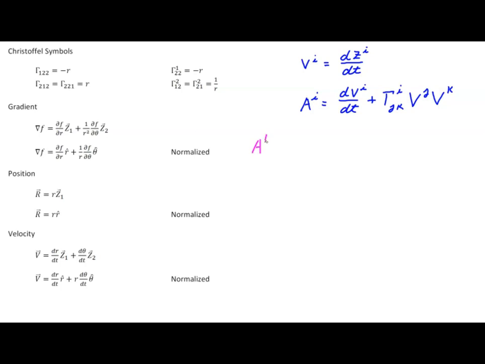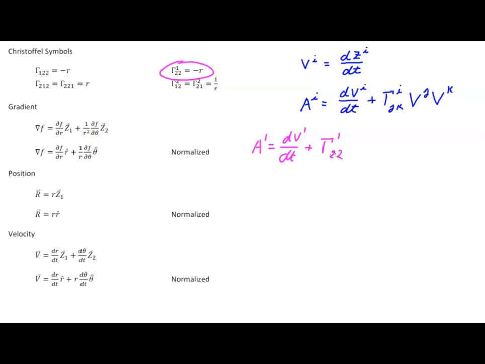And A1 is going to consist, first of all, of the time derivative of V1, plus any terms where the Christoffel symbol has a value of 1 in the upper position here. So any Christoffel symbol that is non-zero and has a 1 in the upper position is going to have to be included in this expression. And there's only one of them right here. So we're going to have that expression, which will be gamma 1, 2, 2.